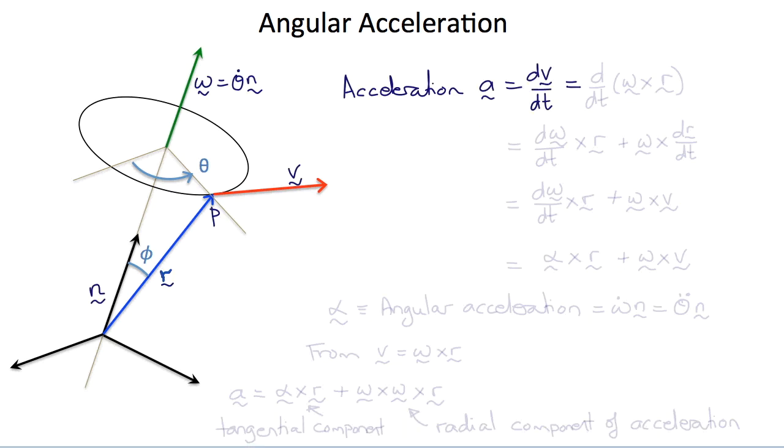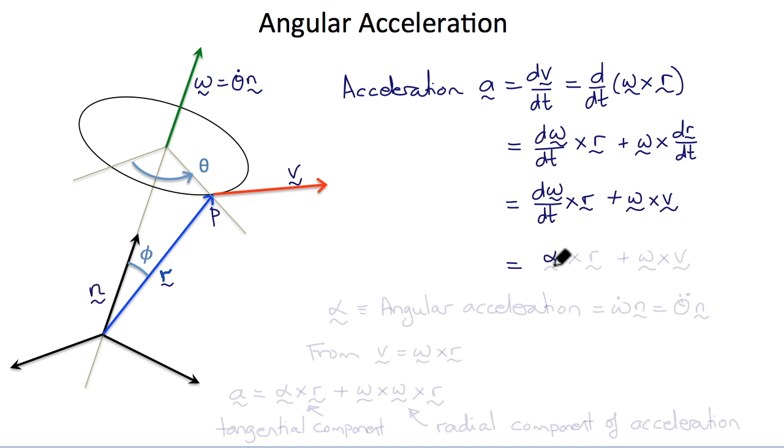The acceleration a is dv/dt, which from our previous slide is d/dt of omega cross r. Applying the product rule is d omega/dt cross r plus omega cross dr/dt, which is d omega/dt cross r plus omega cross v.